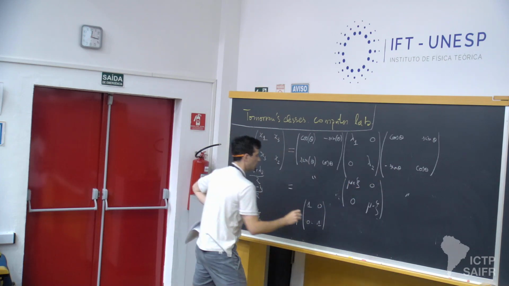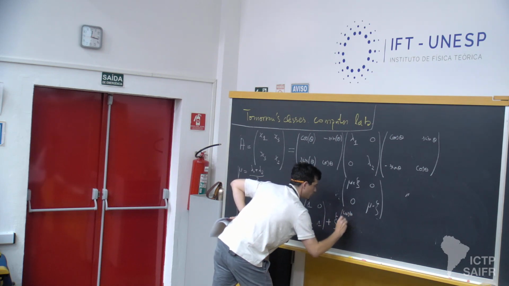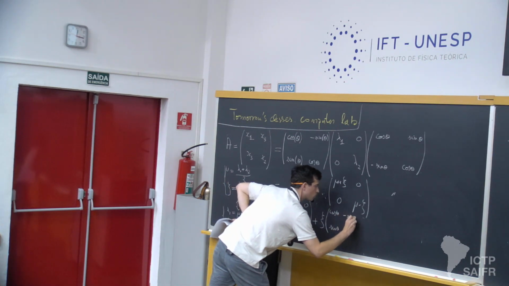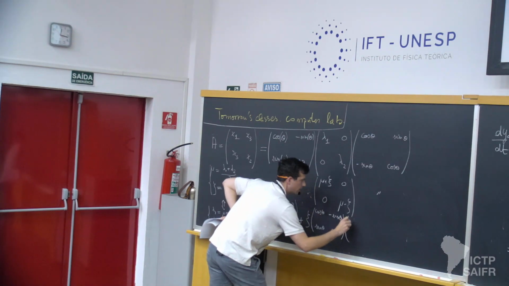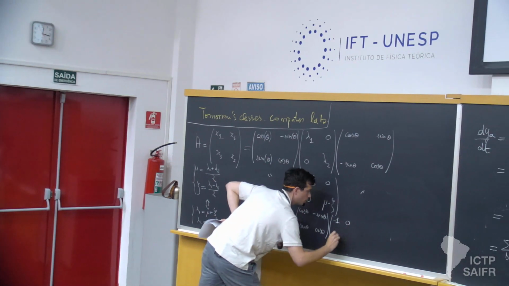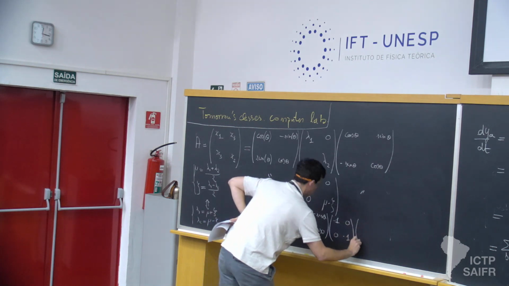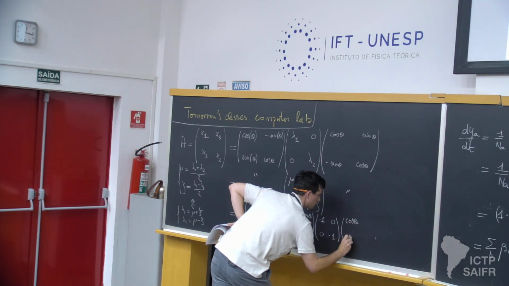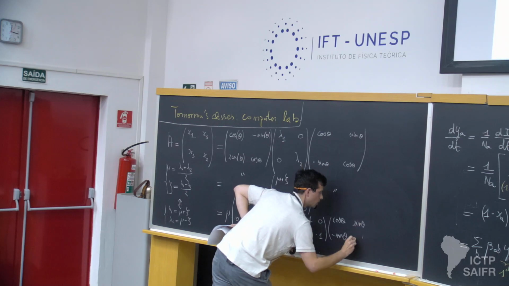And then I will have psi times the first rotation matrix, then the diagonal matrix with 1 and minus 1 on the diagonal, and then cos theta, minus sin theta, sine theta, cos theta.